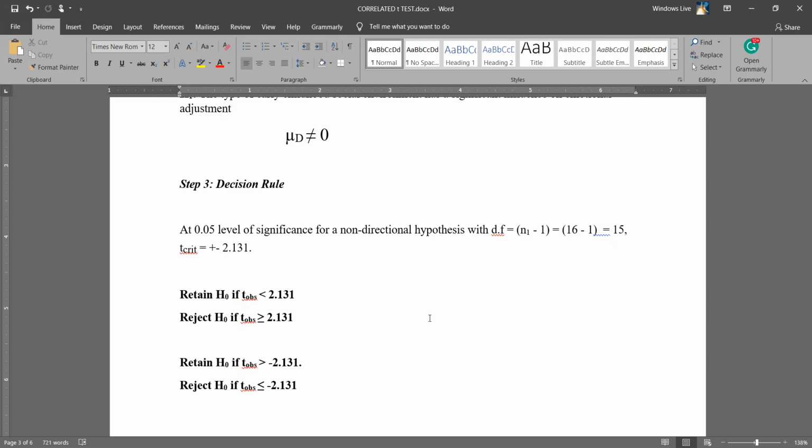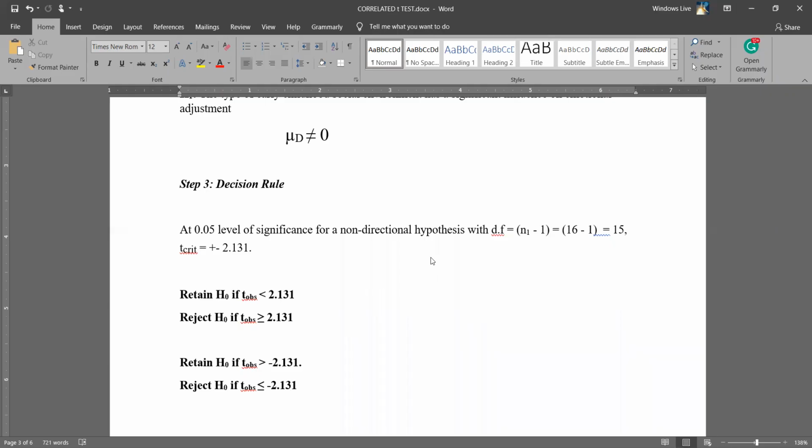But when it comes to the manual computation, we don't compare the value that we generated with the level of significance. You compare it with the critical value. So the critical value here is serving as the level of significance, in quotes.